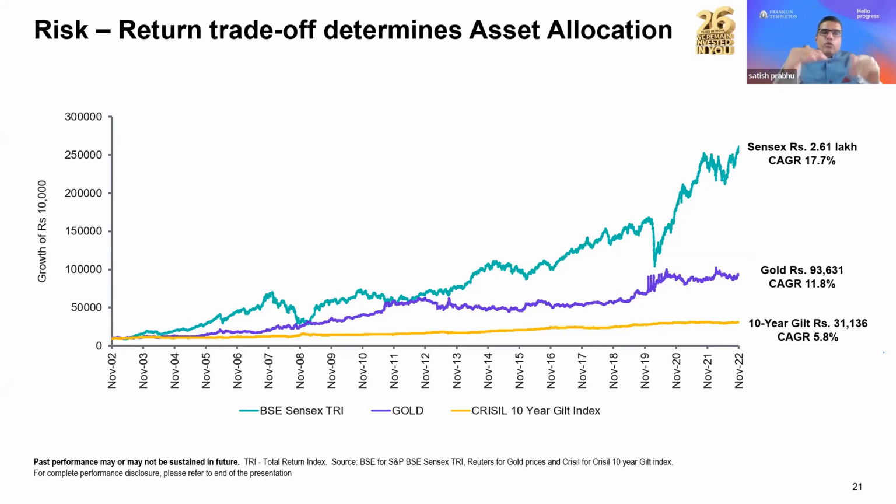If you do not want to take any risk, you will end up getting lower returns. So you have to take some amount of risk between equity, gold, and debt to come out as a winner. That is the reason I showed you this graph: while returns are high, you have to be ready to accept the fluctuations in equity to a large extent.